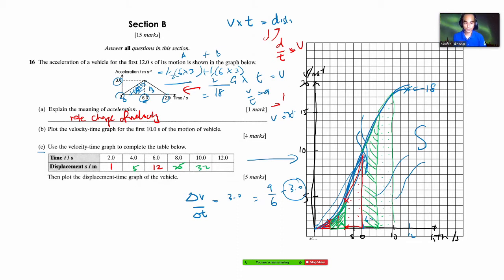And lastly, 12: 1, 2, 3, up to 36. Okay, 36. And then there you have it.